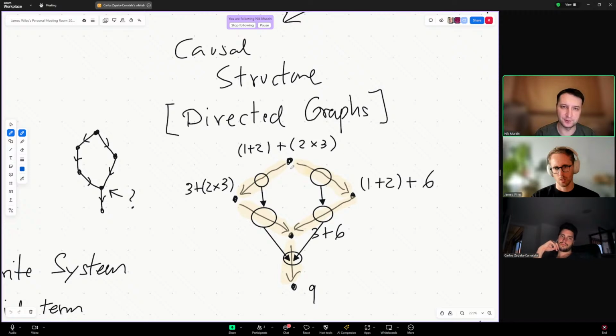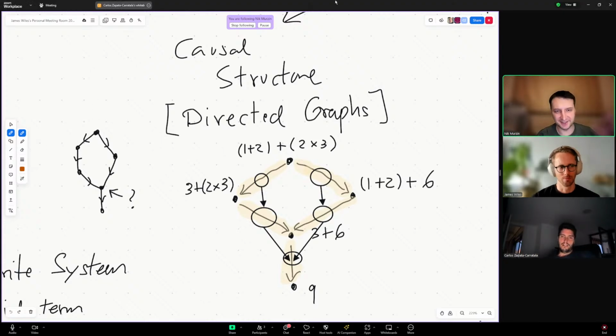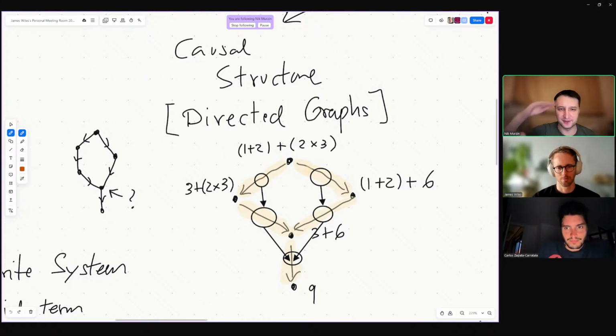So would this be branch-like, and then this would be time-like, in this example? The other way around. The vertical one would be time-like. Okay, I get it. Left and right are time-like, and all the horizontal ones are space-like separated.